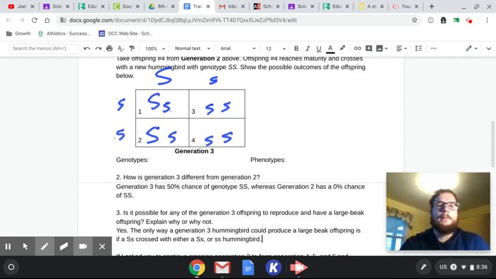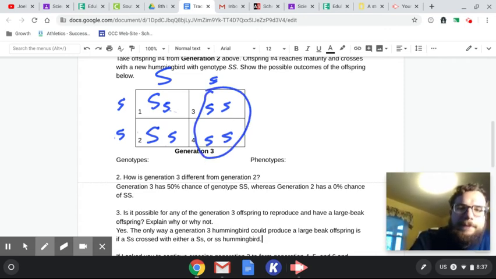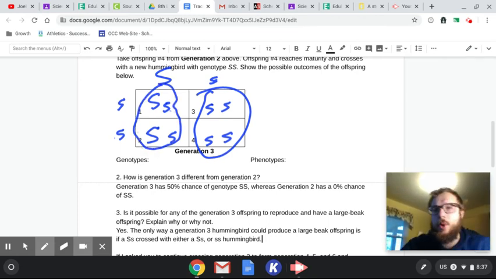Okay, so if I take a big S, small s, and I cross it with a small s, small s, check this out. Now I've got a 50% chance that I'm going to get a long beak offspring. I still have a 50% chance that I'm going to get short beak. There's 2 out of the 4 that have the dominant trait in there.